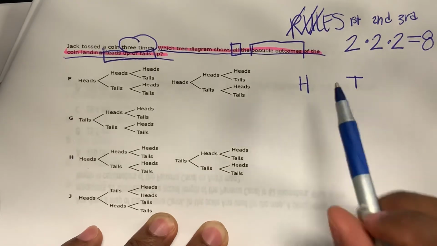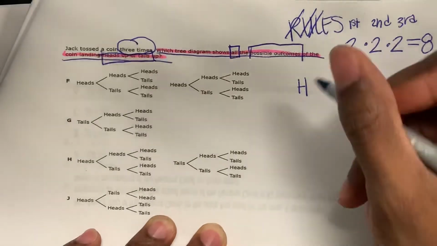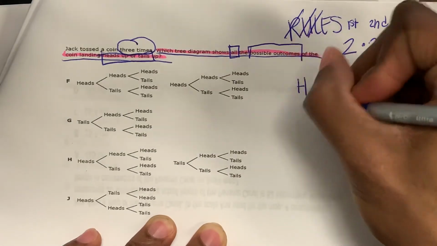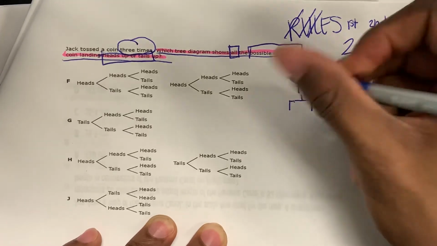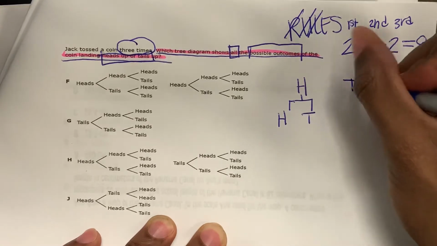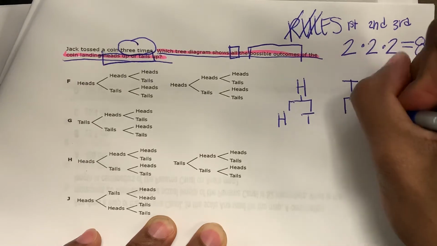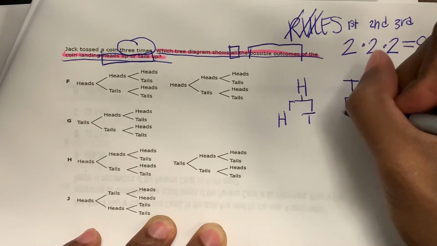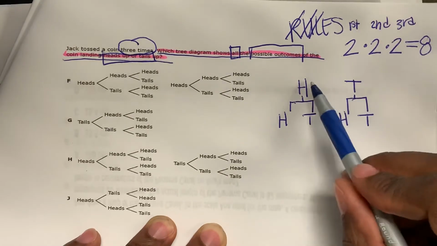Now I'm going to prove this to you by drawing a tree diagram. So we have heads. If we flip heads the first time, the second time we can get heads again, or we can get tails. If we flip and we get a tails the first time, we can then flip again, we get either heads or tails. So if I flip a coin the first time, I can get heads.